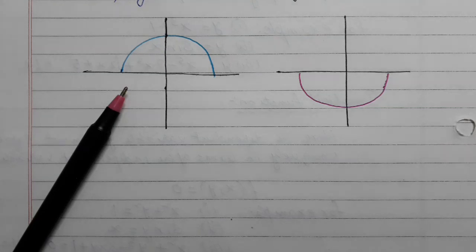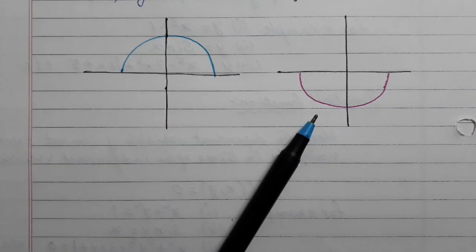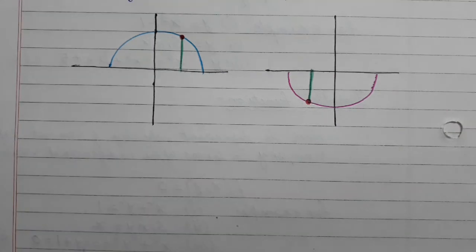That is, the graph of this function is represented either by this or by this, because here for each value of x we are getting a unique value of y.